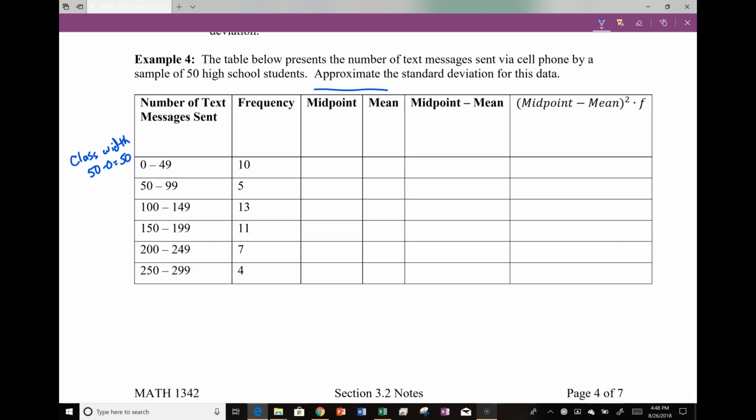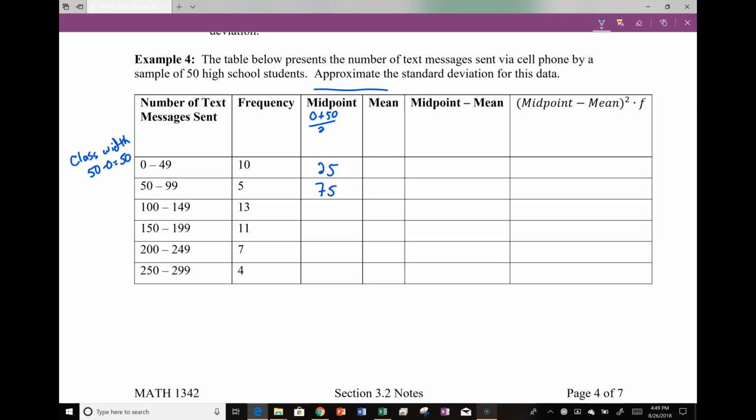The first thing I need to do is find the midpoint. So I'm going to take 0 plus 50 and divide by 2. Recall that midpoint is the lower class limit plus the next lower class limit divided by 2. And I get 25. I take 50 plus 100, 150 divided by 2, that's going to be 75.